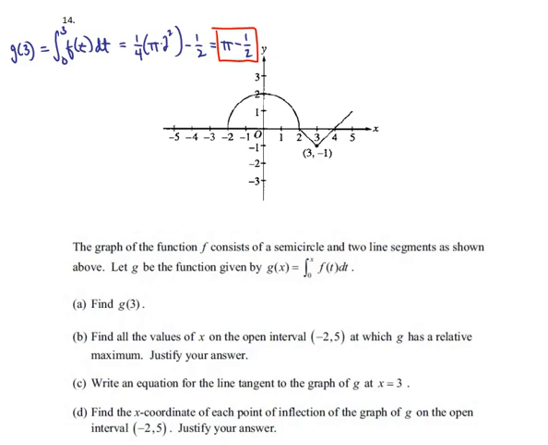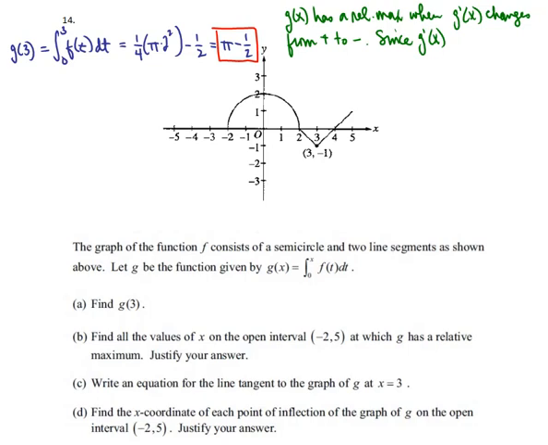For part B, we want to find all the values of x between -2 and 5 where g has a relative maximum. And g of x will have a relative maximum whenever its derivative g prime of x changes from positive to negative. And since g prime of x is f of x by the fundamental theorem, the derivative of the integral-defined function from 0 to x of f of t dt is just f of x, so the derivative of g is f.